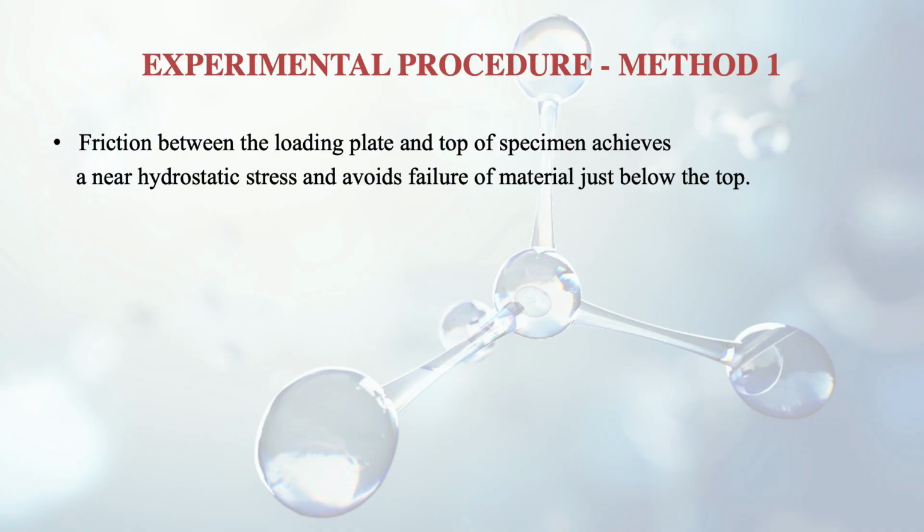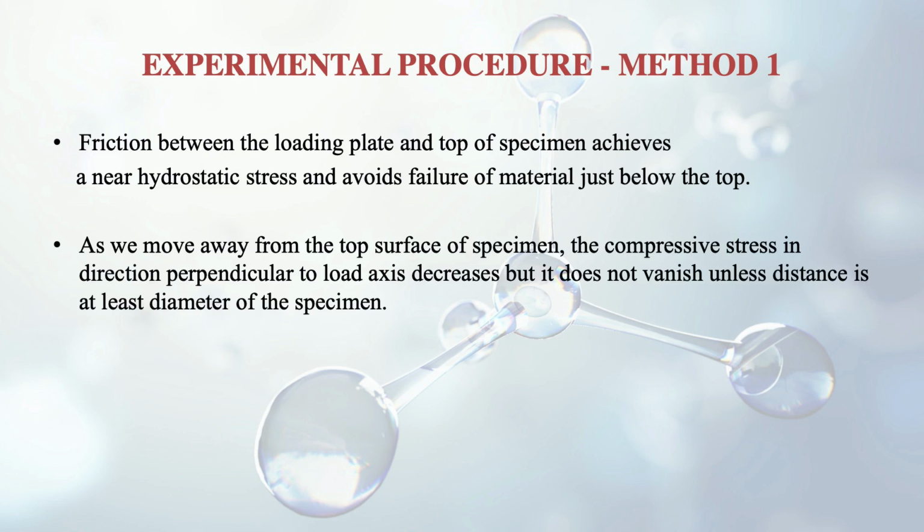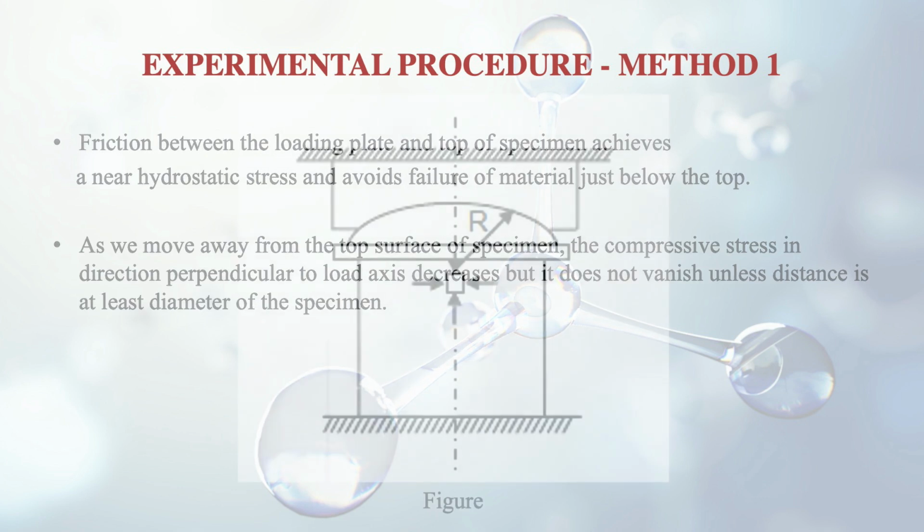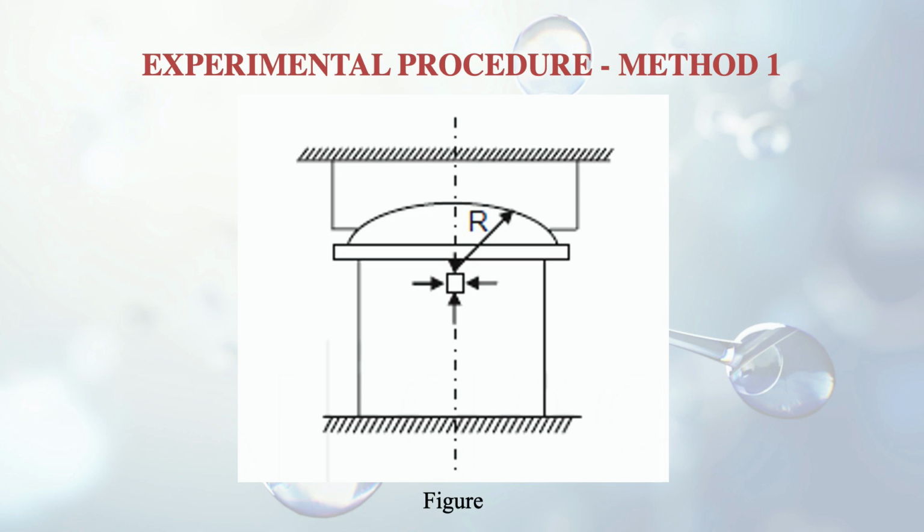Because of this hydrostatic stress, failure will not be there just below the top where the platen is touching the specimen. As we move away from the top surface of the specimen, the compressive stress in the direction perpendicular to the load axis, meaning the lateral direction, is along the axis, and when we are putting the load from this lateral direction, it will be compressive stress.